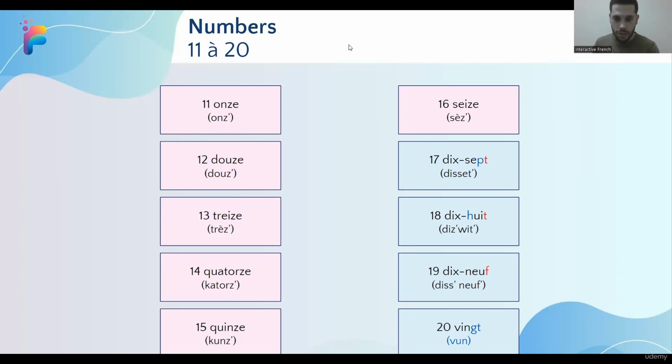Again, you pronounce the T, but not the P. Next, we've got 18. Same as before, all right? You would say 10, 8, right? Don't pronounce the H and pronounce the T in 8.